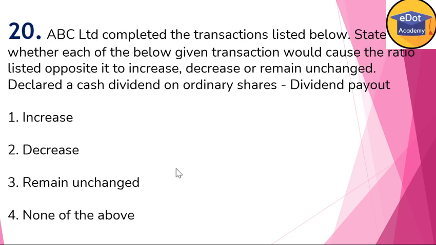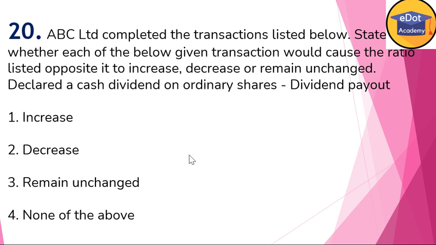Now next question. The data is the same here. Only thing is that a cash dividend on ordinary shares was declared. So the ratio is dividend payout. The formula of dividend payout is dividend paid divided by earnings after tax.